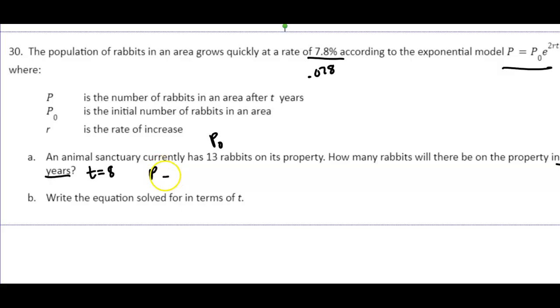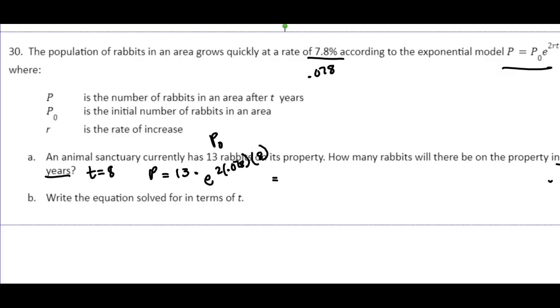So P is going to equal P sub 0, our initial population, which is 13, times e to the 2 times our rate, which is 0.078, times time, which was 8 years. Again, this one is just plug and chug. You're plugging into the formula. Just make sure you're doing your formula correctly in the calculator, putting those parentheses where they should go.